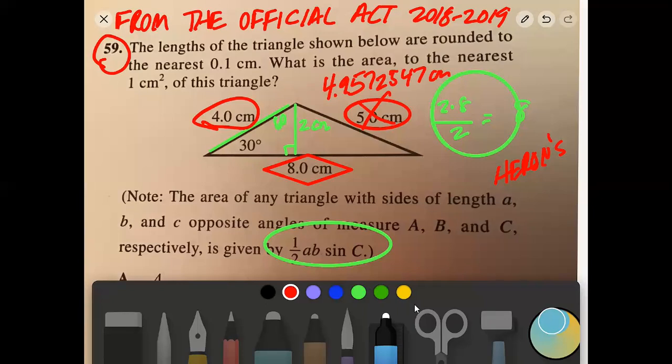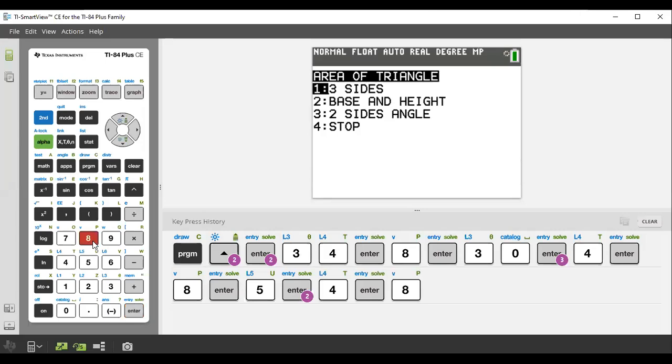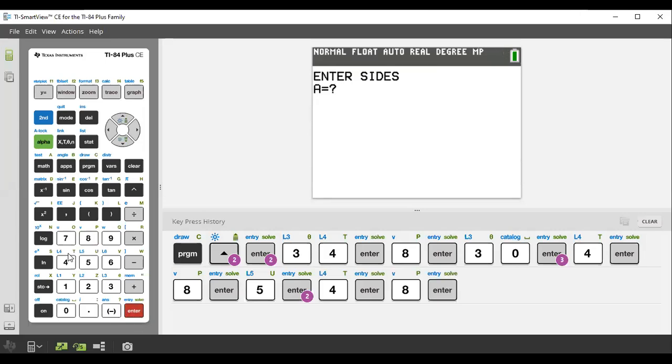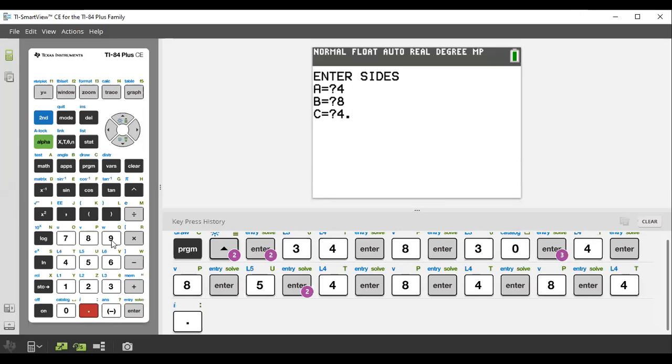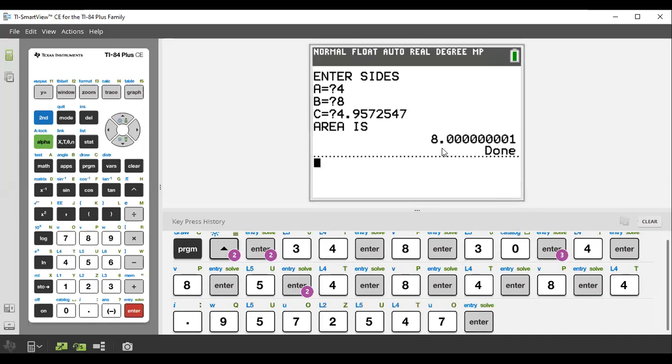But if I go back to my calculator and enter the actual length, let's do that one more time. We choose option 1 first, and then we put 4, and then 8, and then 4.9572547, and what we get is 8.000000001.